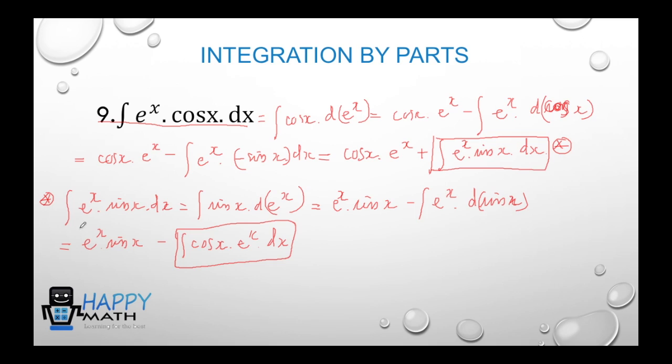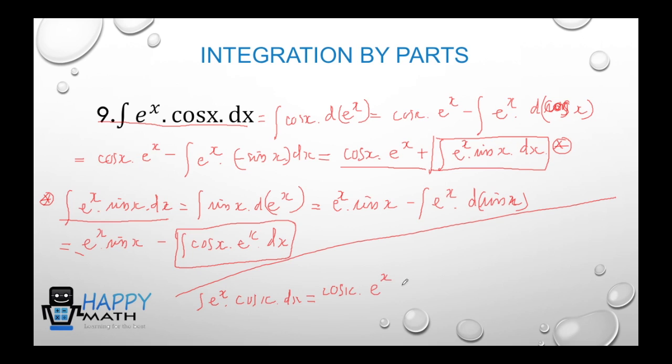So we substitute the result of the first integration into this one. You will see that the integration of e power 2x times with cos x times with dx will be equal to, first one, cos x times with e power 2x plus this one, the star here, and the star here equal to e power 2x times with sin x minus this way.